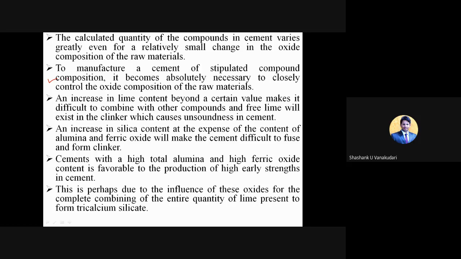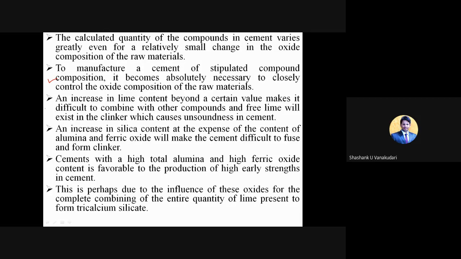As I said, as per the Indian standard code book 269 of 1983, they have given certain percentages for certain chemicals. If the current value is not within the limits, either above or below the limit, then the property of the cement may vary in all aspects, such as strength and other binding properties.